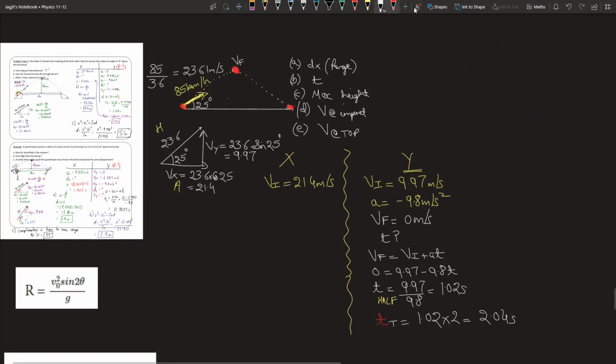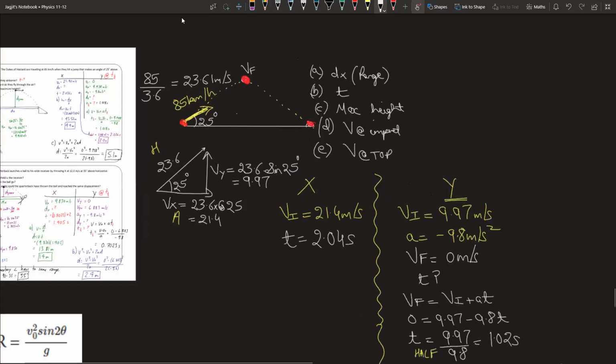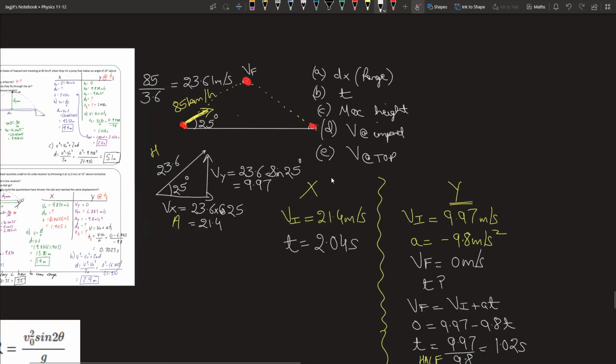So then we're going to go to x side, and we're going to say, the time for x is going to be 2.04. That is going to be the total time. Now, one thing you need to remember is this, folks. In your x direction, the acceleration is 0. You have no acceleration. Why do you have an acceleration of negative 9.8 in y direction?